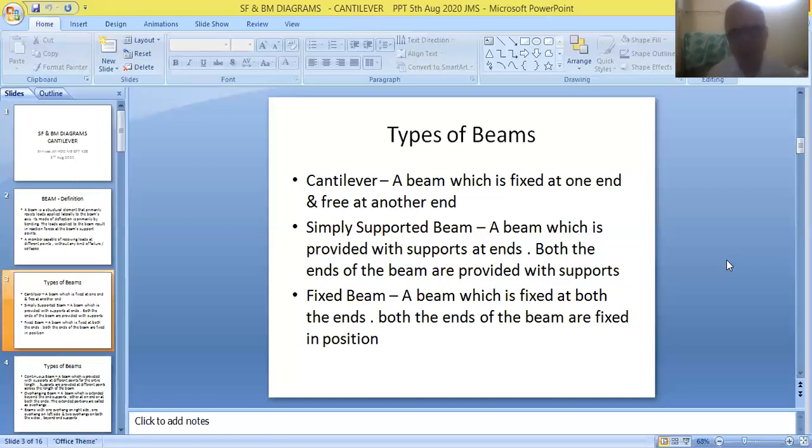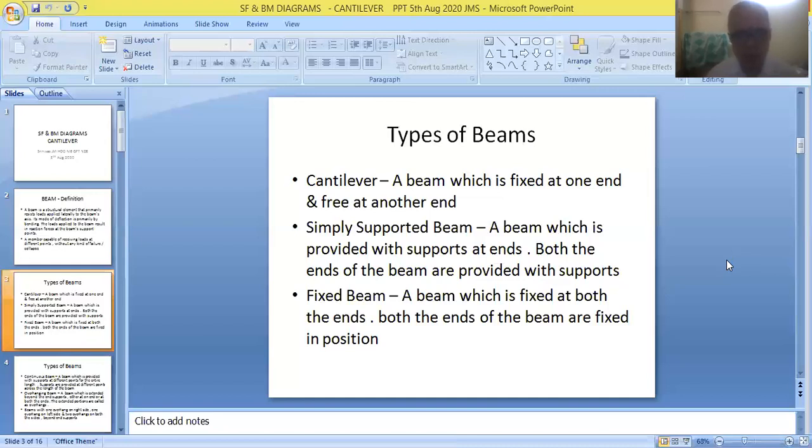The second one is called simply supported beam. A beam which is provided with supports at the end points is referred to as simply supported beam. That means both the ends of the beam are provided with some kind of supports.